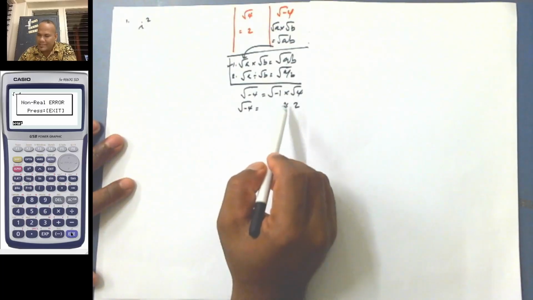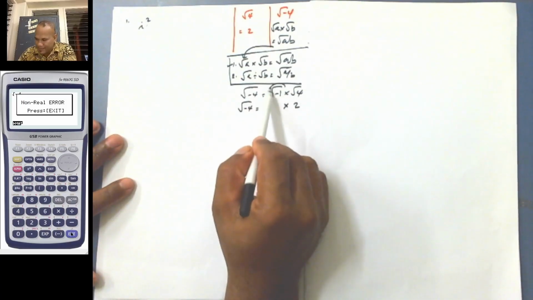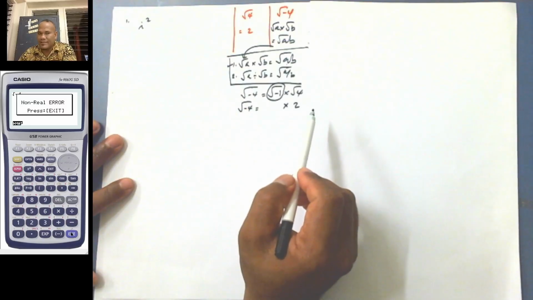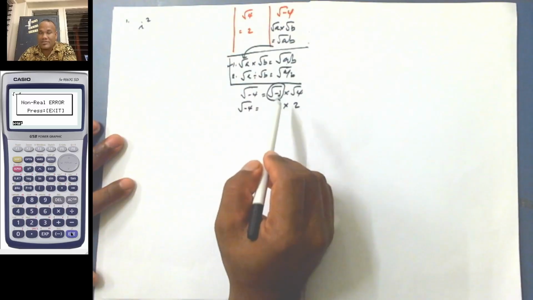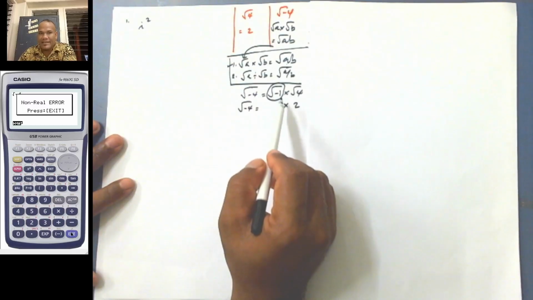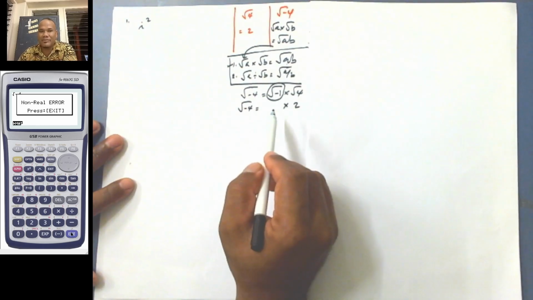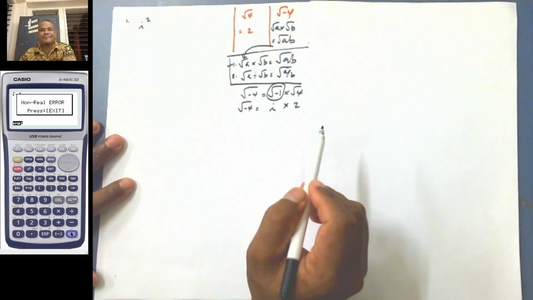But then they said, okay, the problem that lies here is this square root of -1. So they said, how about we refer to the square root of -1 with an alphabet? So they refer to the square root of negative 1 as i.